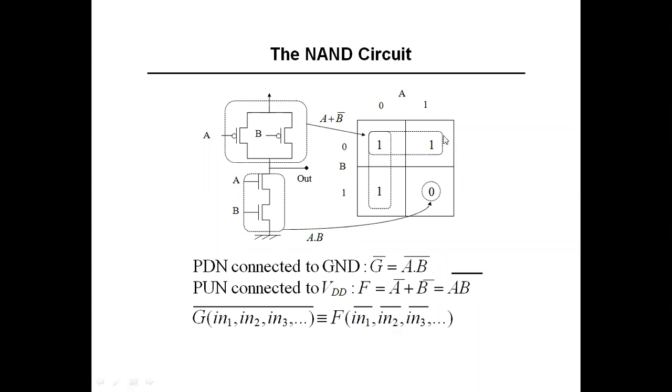For the rest of the combinations you will get 1. You can check any combination. For 0 1, you will get 1. For 1 0, you will get 1. For 0 0, you will get 1. But for this 1 1, you will get 0, right? So this is the truth table of the NAND gate.